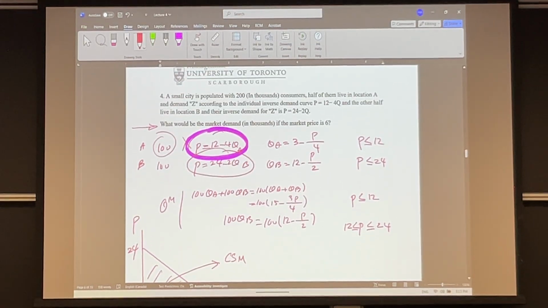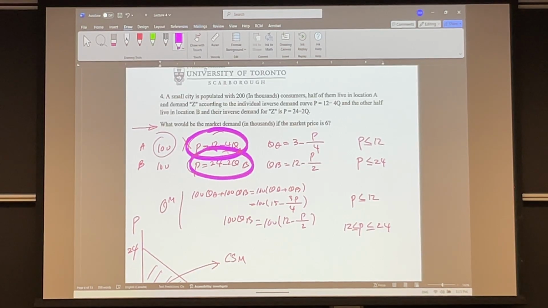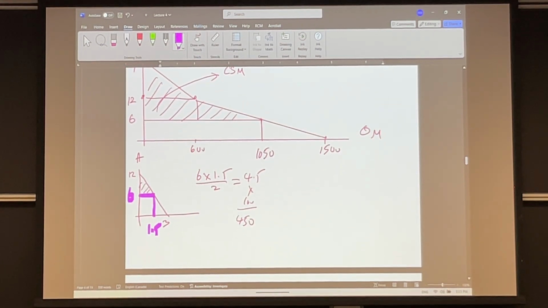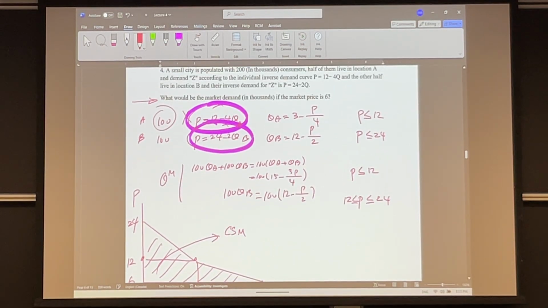Let's do this, guys. Let's graph it. 24, 12. The price is 6. How much do they demand? You put 6 here, that's 9.